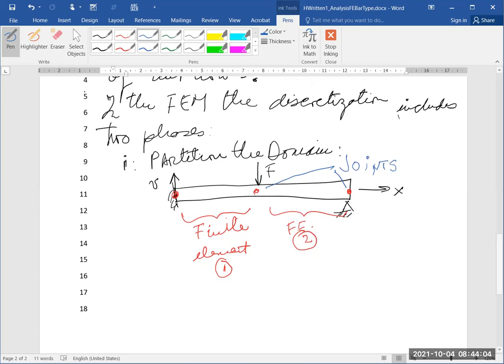Now let's go to the second step, which is what we call an interpolation.